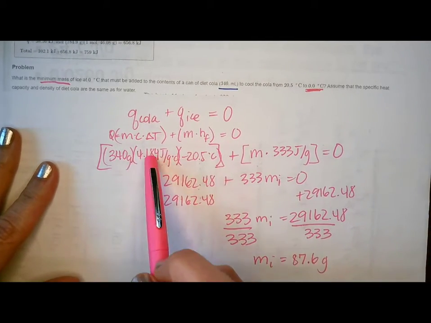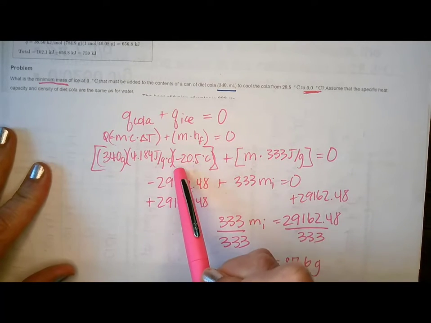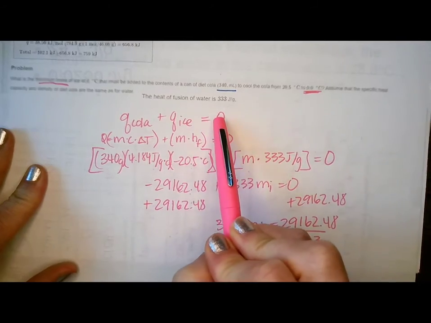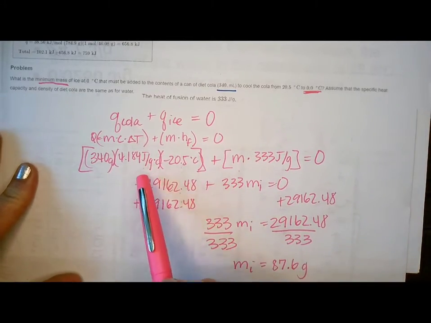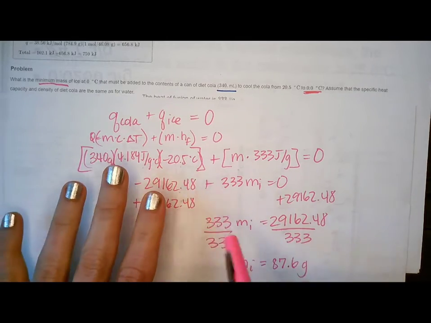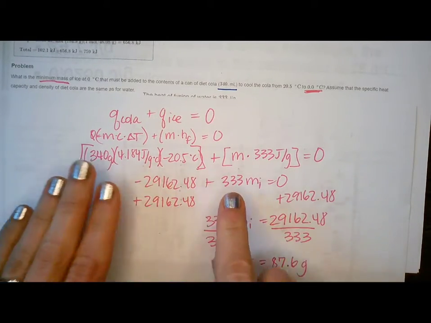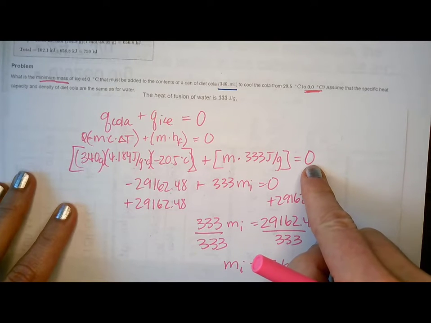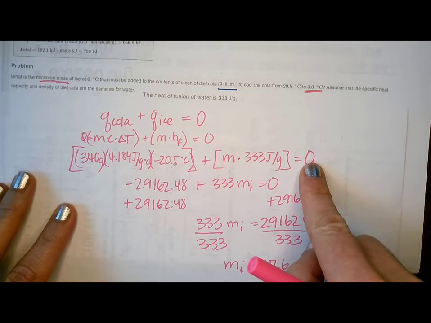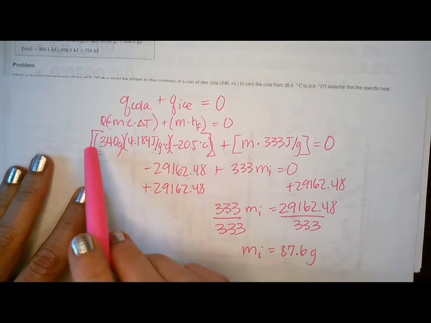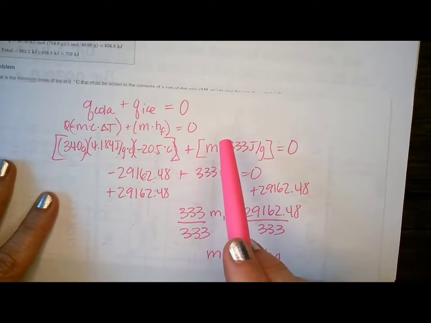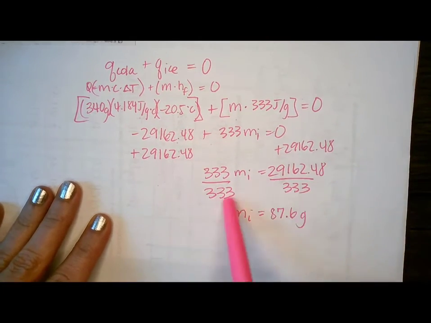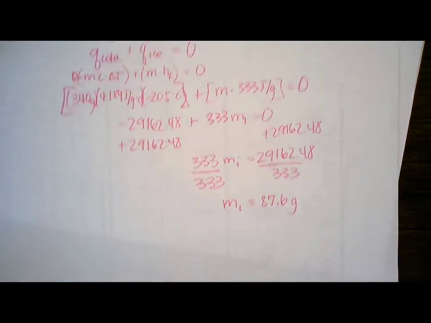So we did m times C times delta T, that change in temperature of the Coke. So the Q of the Coke and the Q of the ice is going to equal 0. We know that because no energy can be gained from one and lost by another, but the total energy is constant. So there's no adding, there's no creating or destroying energy. That's why we have it equal to 0. M times C times delta T. And for our ice, we just did mass times the heat of fusion. We had to solve for our M, so we just did algebra to get 87.6 grams.